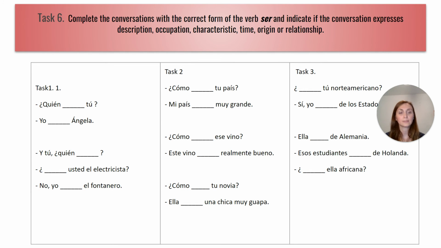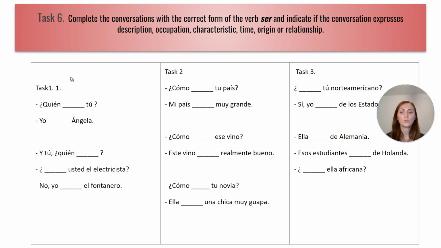And the last task, as I said, you will pause, take your time, and complete the conversation with the correct form of the verb ser, and indicate if the conversation expresses description, occupation, characteristic, time, origin, or relationship. Pay attention that each of the tasks has 1 or 2 or 3 conversations, okay?